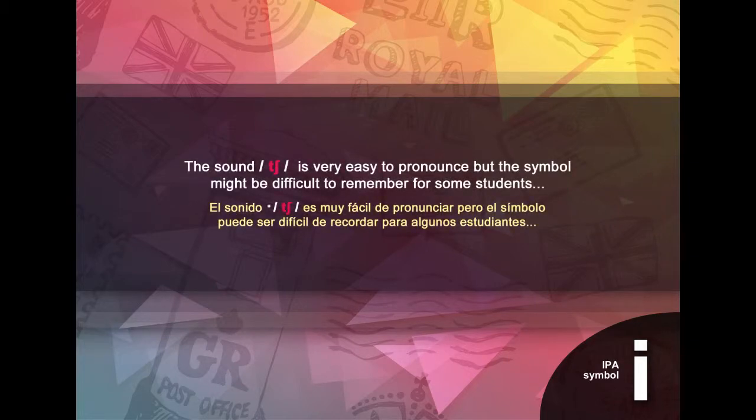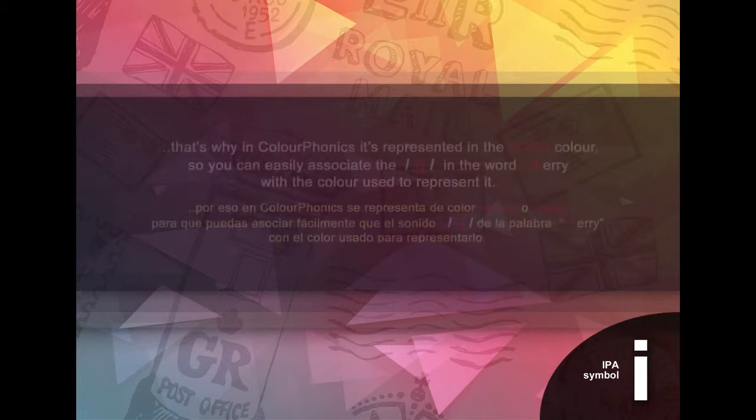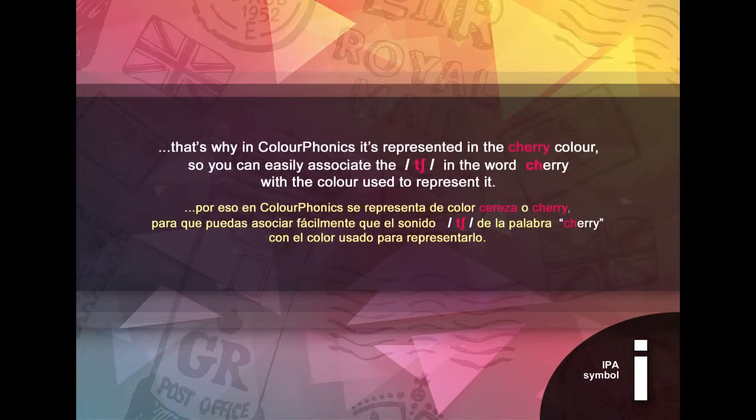The sound ch is very easy to pronounce, but the symbol might be difficult to remember for some students. That's why in Colourphonics it's represented in the cherry colour, so you can easily associate the ch in the word cherry with the colour used to represent it.